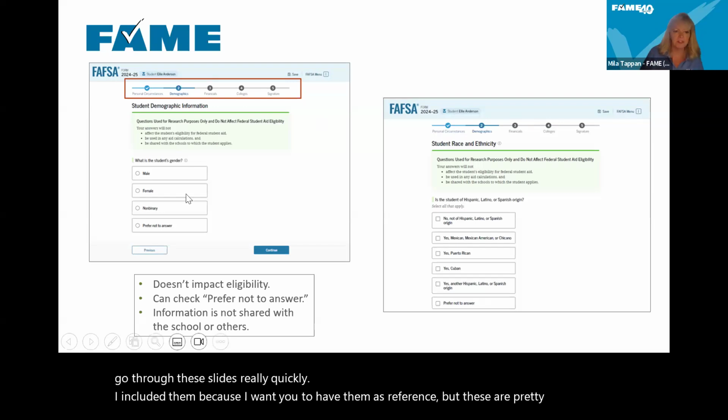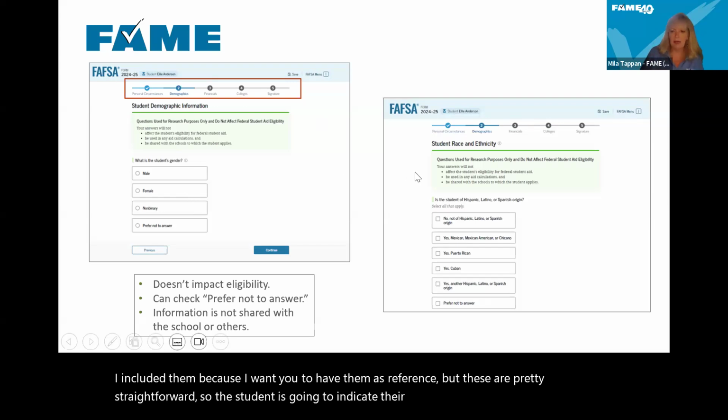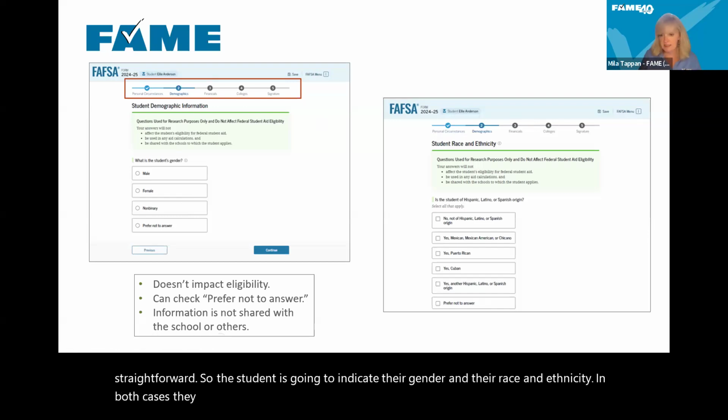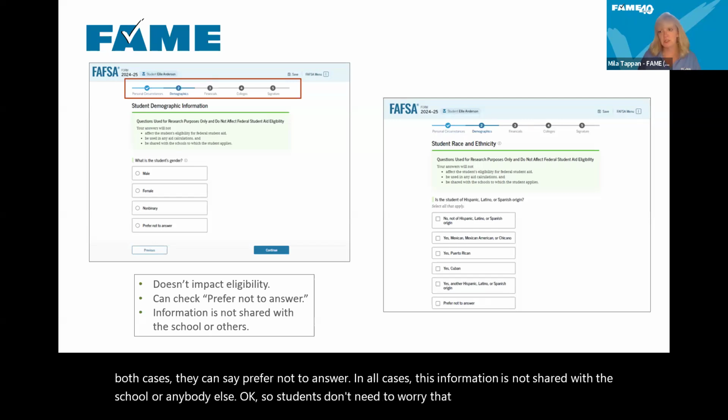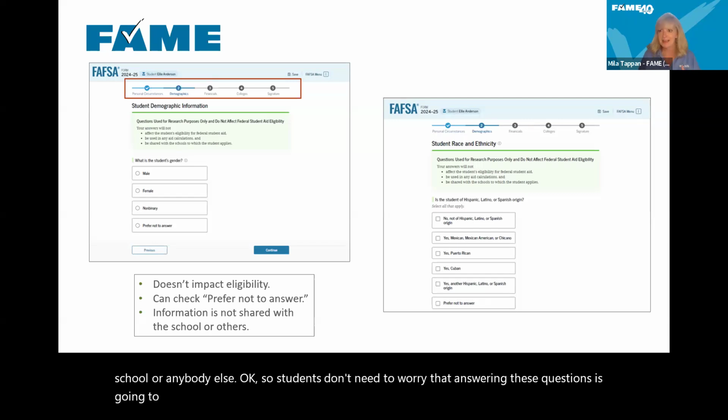The student is going to indicate their gender and their race and ethnicity. In both cases, they can say prefer not to answer. In all cases, this information is not shared with the school or anybody else. So students don't need to worry that answering these questions is going to result in something negative happening or some determinations being made about their financial aid based on the answers.